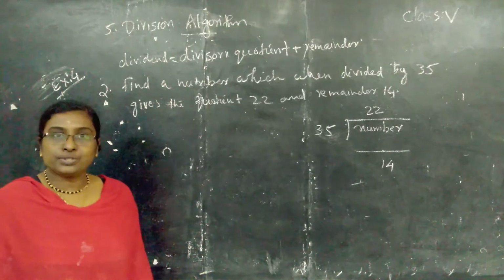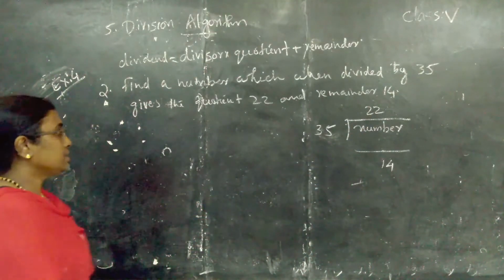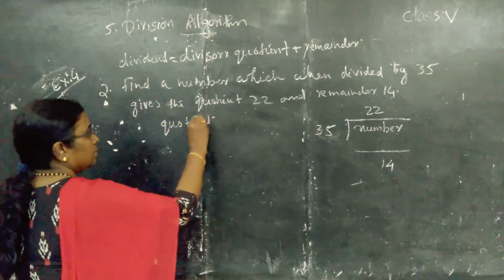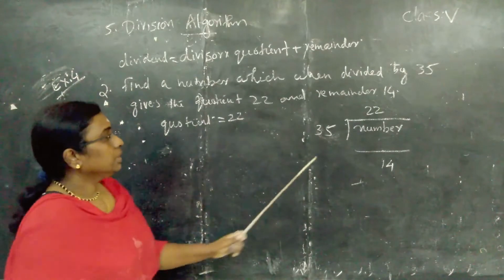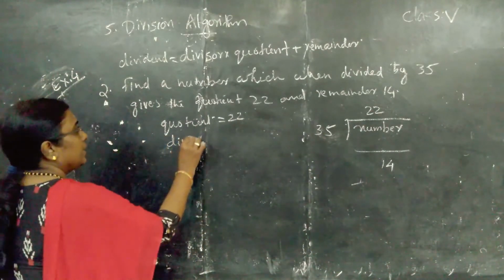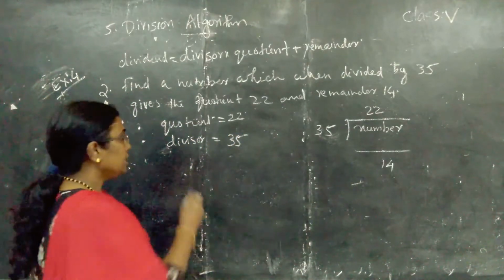What is given in this question? 22. What is 22 here? 22 is the quotient. Quotient equals 22. What is 35? Divisor. Divisor equals 35. 14 is the remainder.